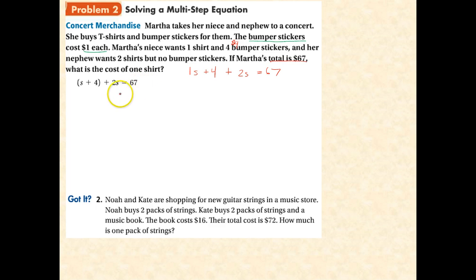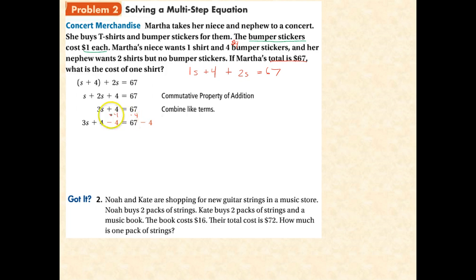Now we can start solving this. So s plus 2s, we just used the commutative property there. S plus 2s is 3s. And that's just combining like terms. Then we're going to subtract 4 from both sides of the equation.